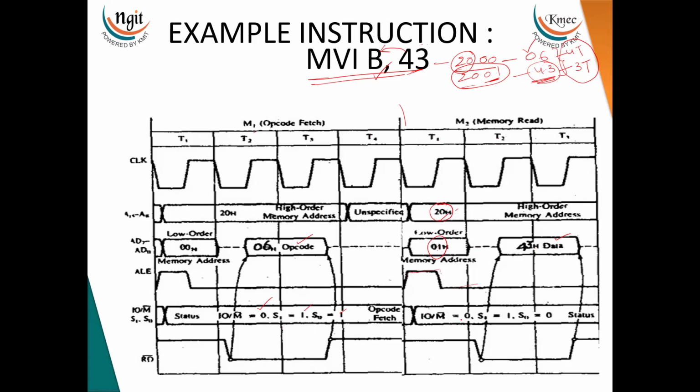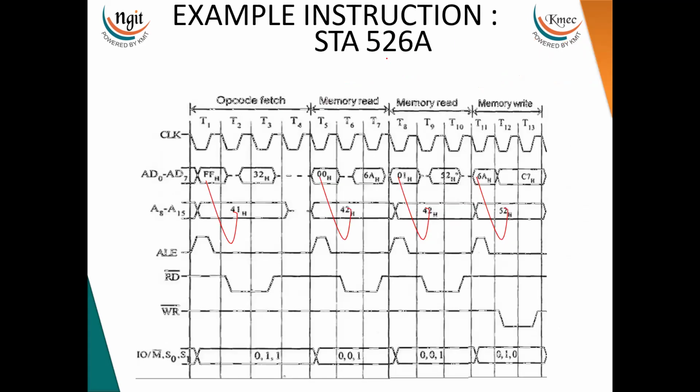Coming to the status bits, IO/M is 0 because memory is accessed, and for the read operation the status bits are 1 and 0. So by combining the opcode fetch and memory read, this is the complete diagram for the instruction MVI B, 43.